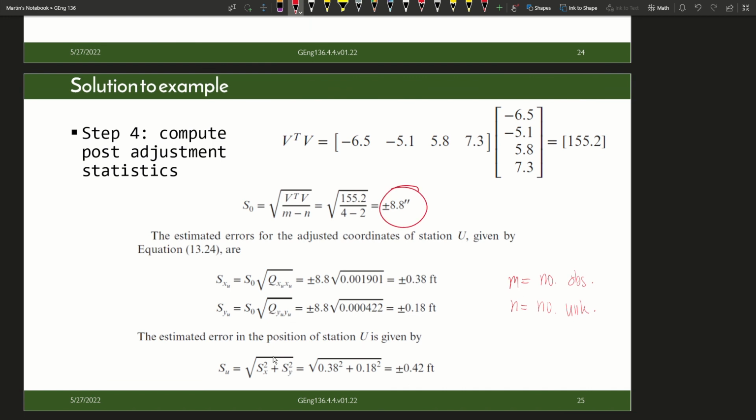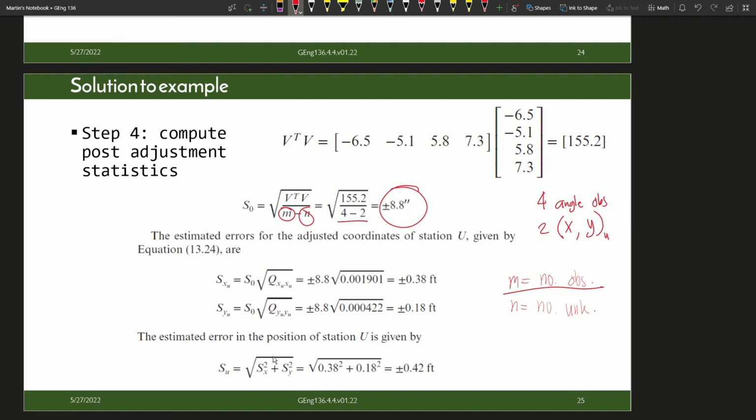Okay. So M here, take note, M is the number of observations. How many observations did we do? We did 4 angle observations. Then how many unknowns? That is your N. So that is to have the degrees of freedom of your standard deviation. Okay. Therefore, the reference standard deviation is plus or minus 8.8 seconds.